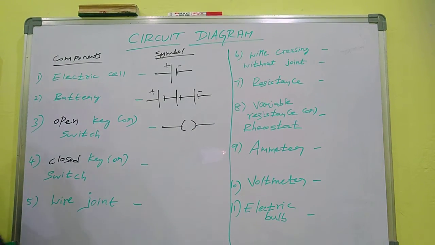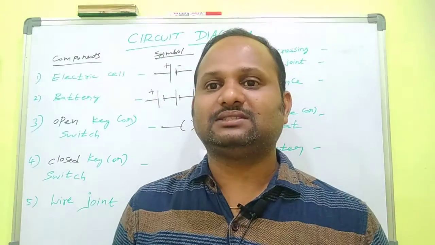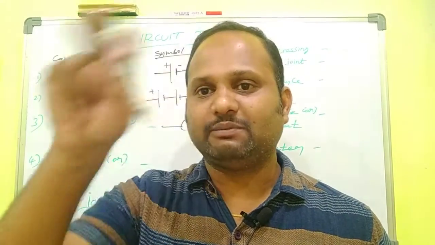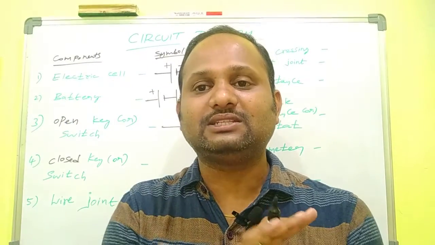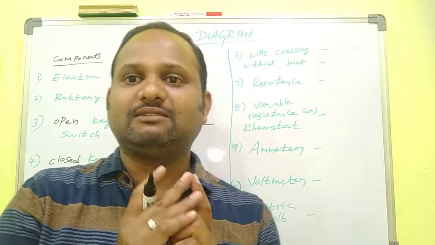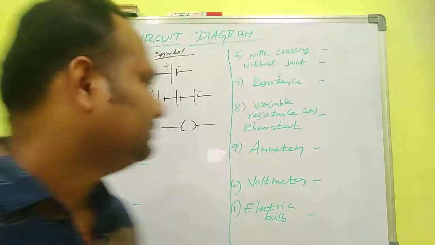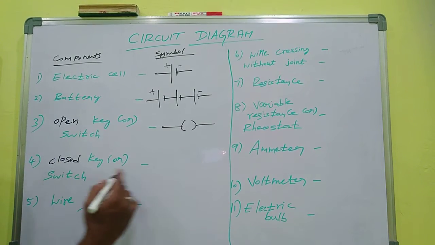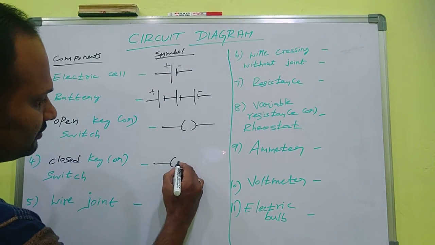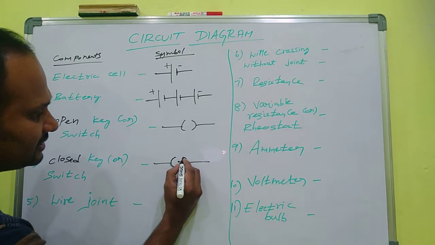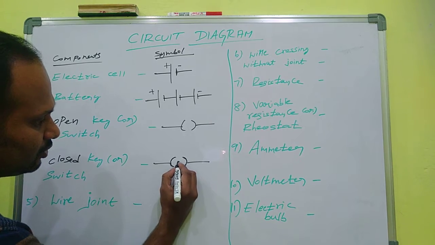So what is the use of a switch? It makes the circuit closed or open. If the circuit is closed, the current will pass through it. If the circuit is open, the current will not pass through the circuit. So the switch plays a major role. For the closed switch or closed key, the symbol is: we put a dot inside these two, then this switch is said to be a closed switch.